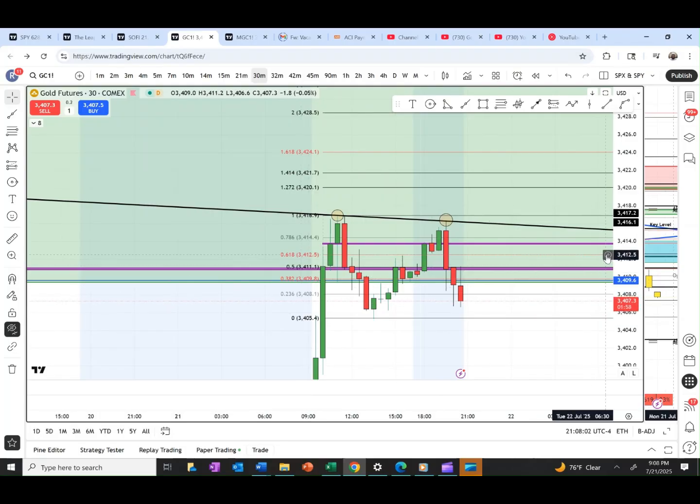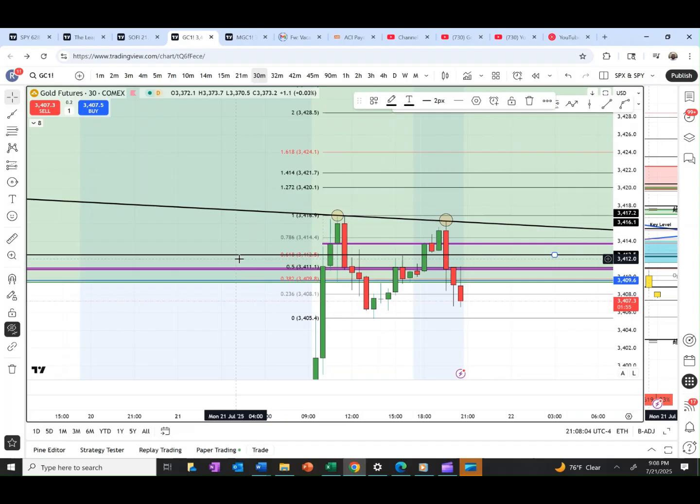And the level that's most important to me is where I have this black horizontal line striking through, which is the 62% or 0.612 level, which is 3412.5. Because at this point, I want to see if price has come up to reject off of this properly. Because if we truly want to go down, we should not go above and breach this level on like a higher time frame.